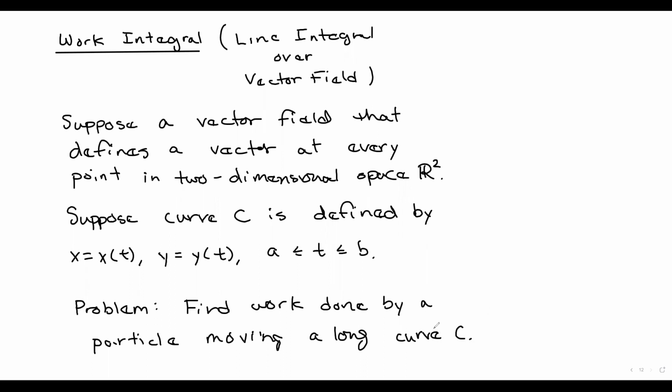All right, so let's go ahead and do a visual, but this time let's just do the visual directly on the next page so I don't have to draw it twice. And we'll do it in two dimensions, but this could all be extended to three dimensions. So this time we are going to do a visual for the vector field. I'm going to just put some vectors on here.